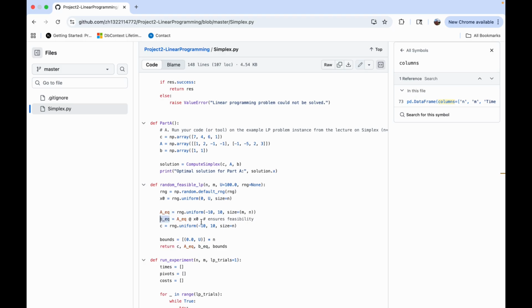But it turns out that a lot of those problems don't even have a solution. That's the reason why we calculate BEQ based on AEQ and X0, as well as the bounds.